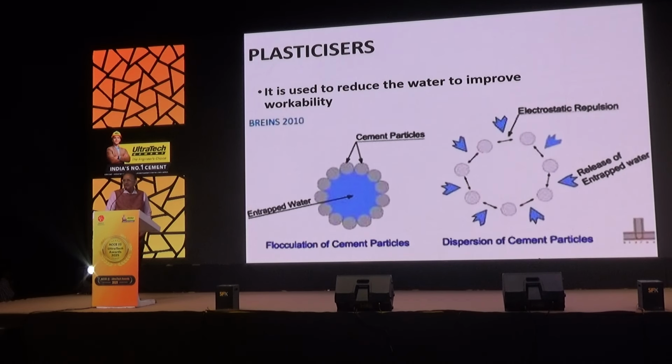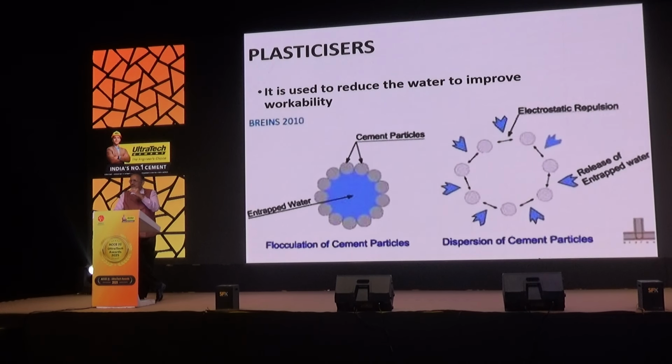Now, I just want to repeat, what is the lowest water cement ratio that we can use for the cement to set? This is a very, very important thing. Nowadays, we are seeing precast concrete, hollow core, where the water cement ratio has to be maintained at 0.22.